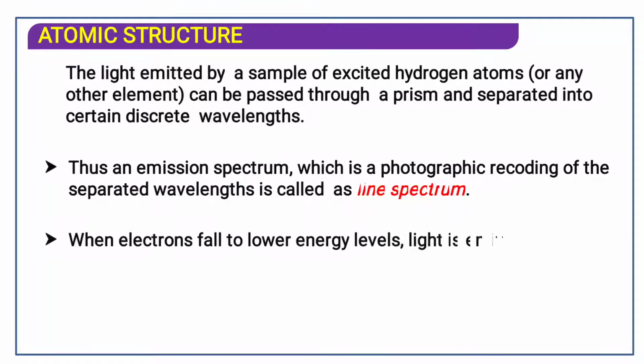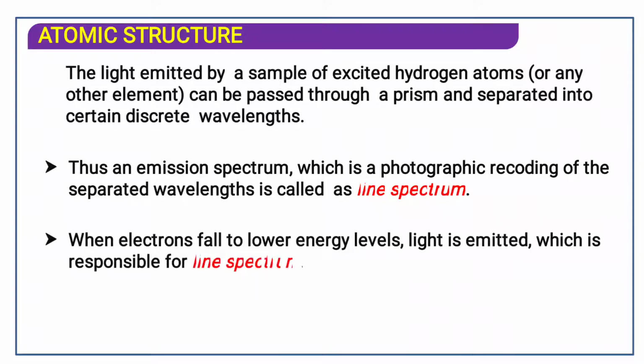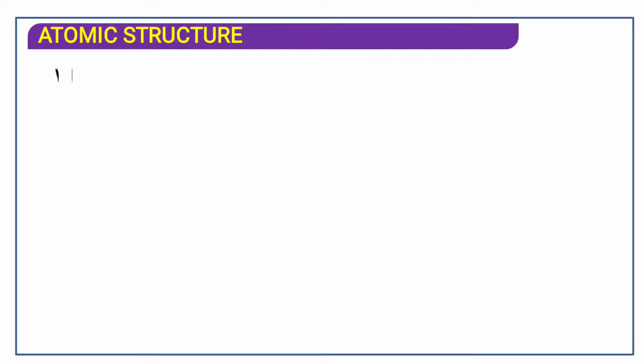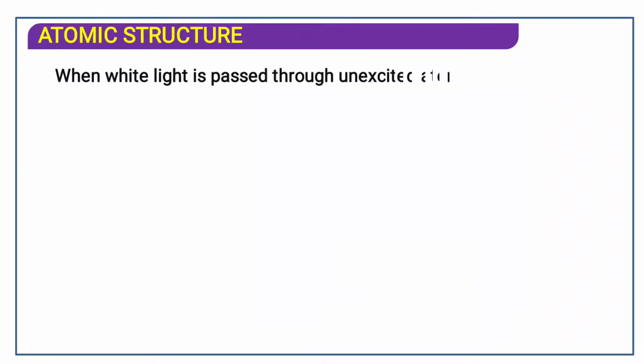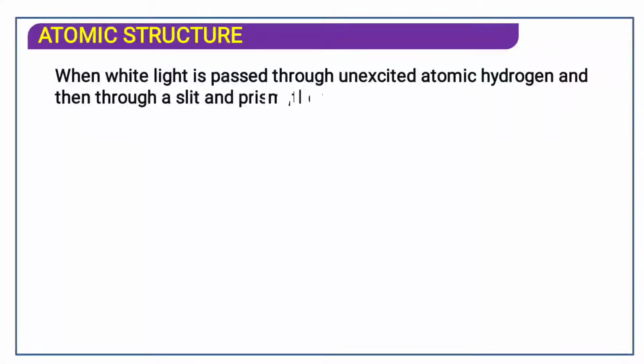When the electron falls to a lower energy level, light is emitted, which is responsible for the line spectrum. That means the electron is emitting the energy.